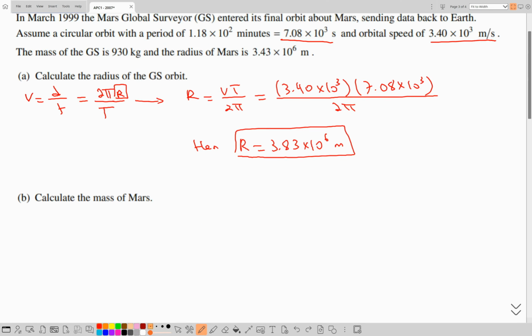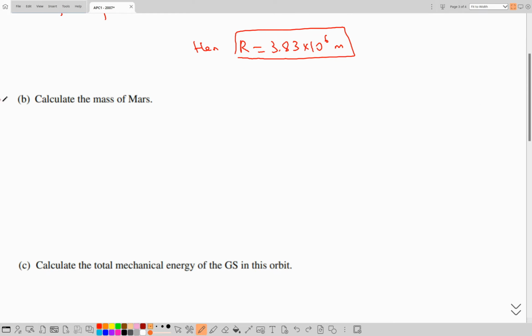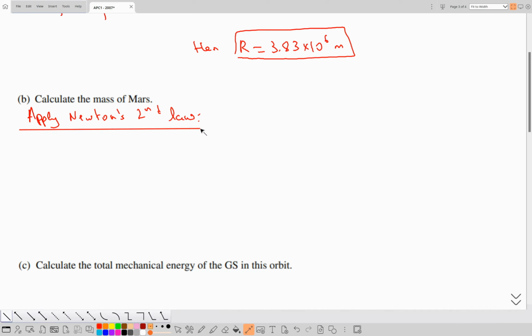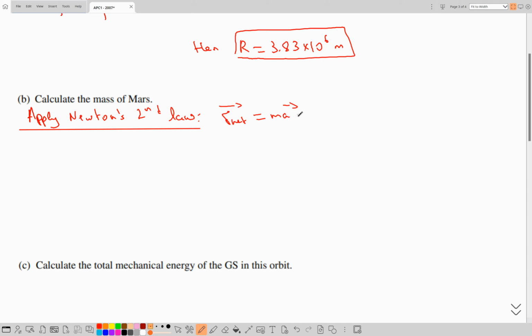We cannot use this formula from scratch. We need to derive it, and it's not found on your paper sheet. Then apply Newton's second law, given by sum of F is equal to ma. Now we're applying this law to the moving mass, which is the orbiting mass, so that would be the mass of GS. What are the forces acting on GS?